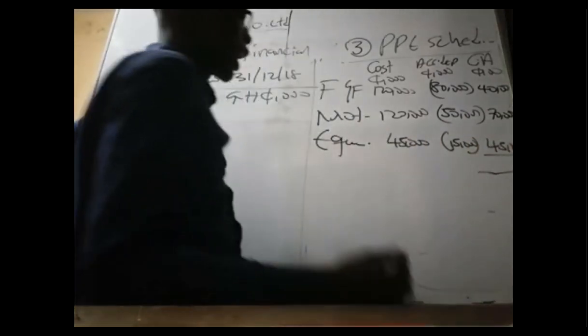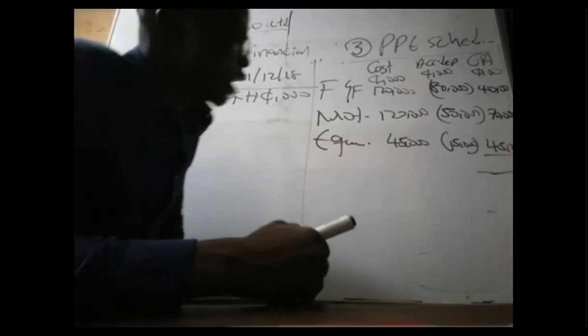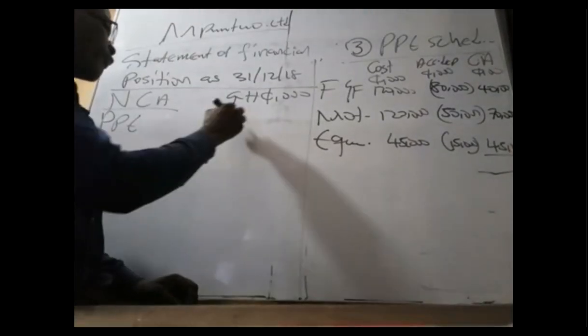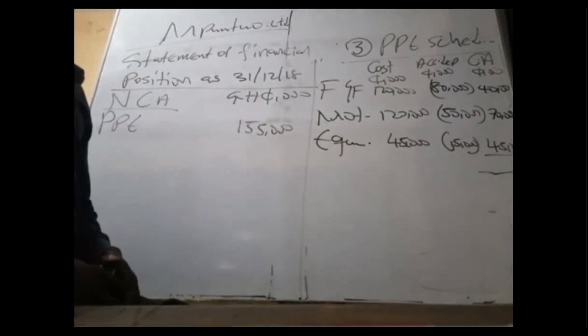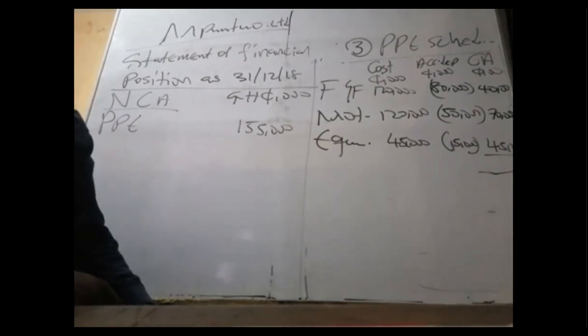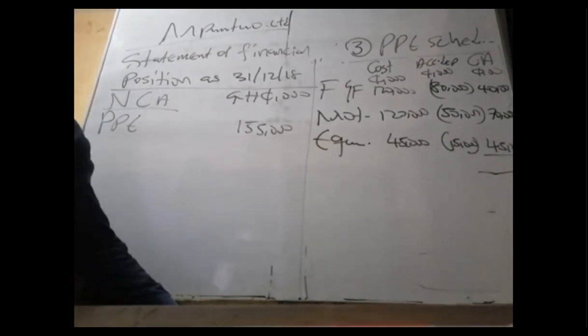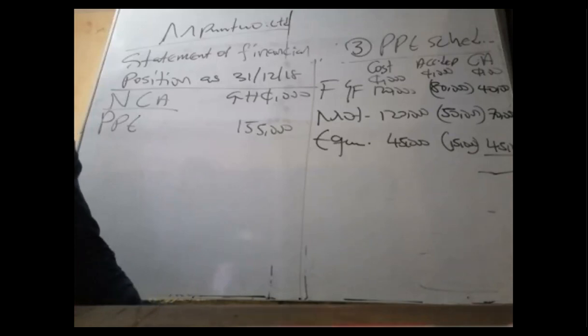And let's sum them together. 40,000 plus 70,000 is 110,000.